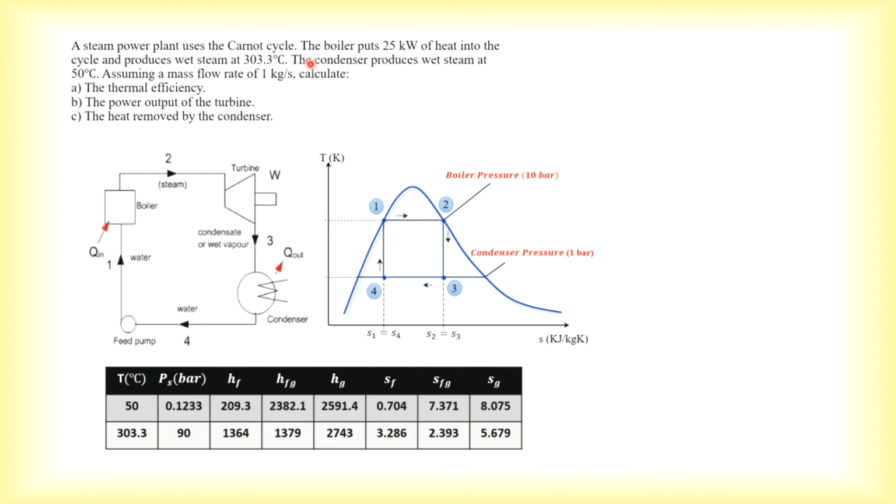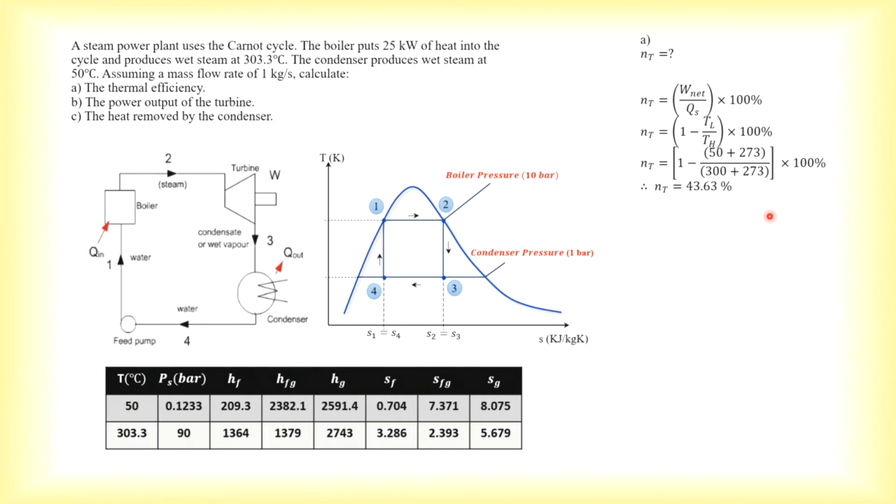And based on the temperature of 303.3, that would be at the pressure of 90 bar. So this would be the HF, enthalpy for saturated liquid, and the enthalpy of dry saturated vapor. And this is the entropy of saturated liquid and the entropy of dry saturated vapor.